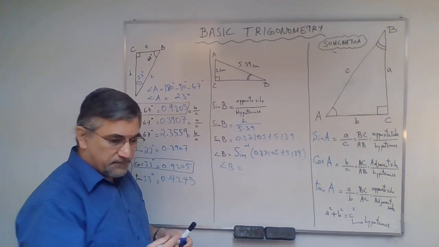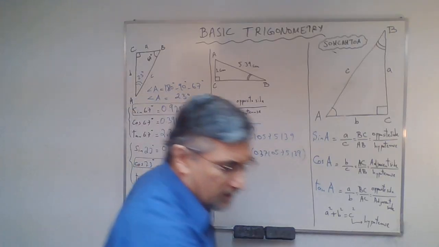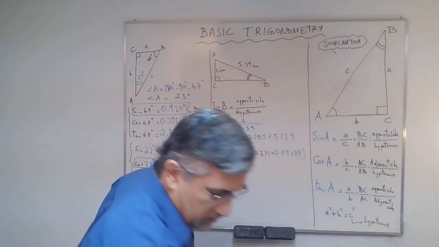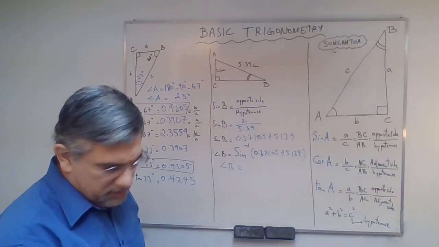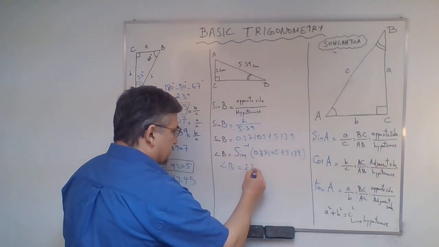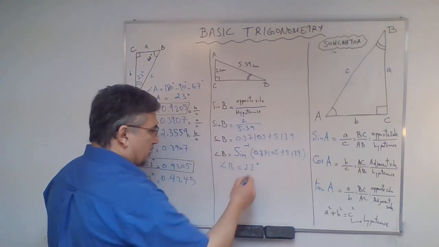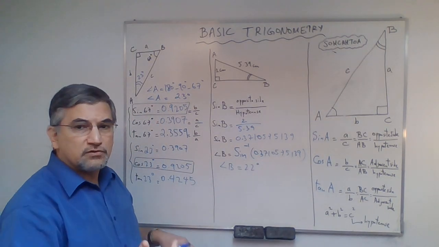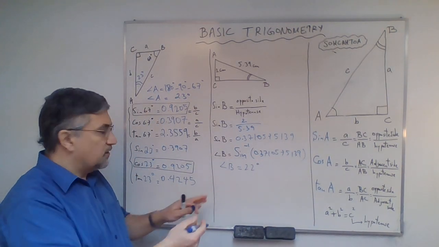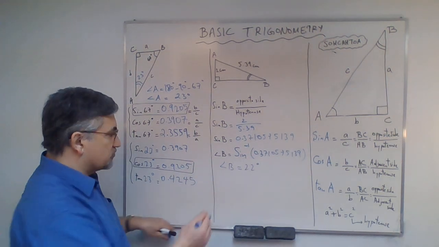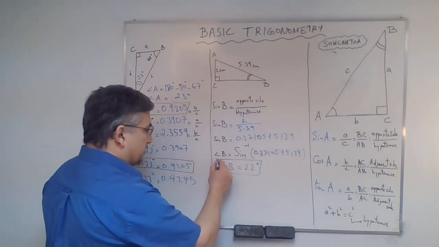And that gives you the measure of the angle, which would be 22 degrees, if you round it to the nearest degree. Okay? We are rounding to the nearest degree. But it could be like 21.9 degrees, whatever. But I just rounded it to the nearest degree.